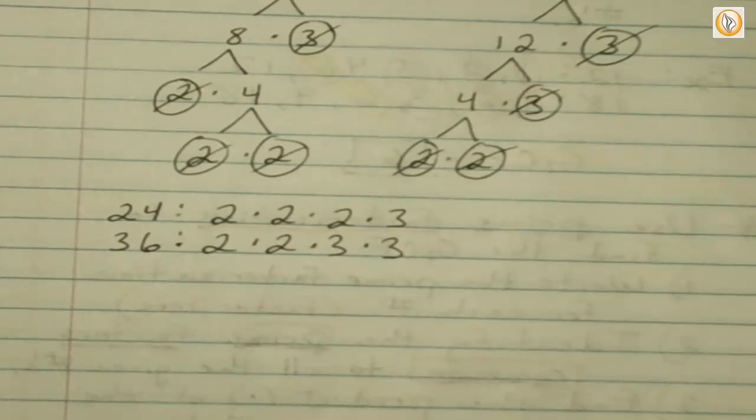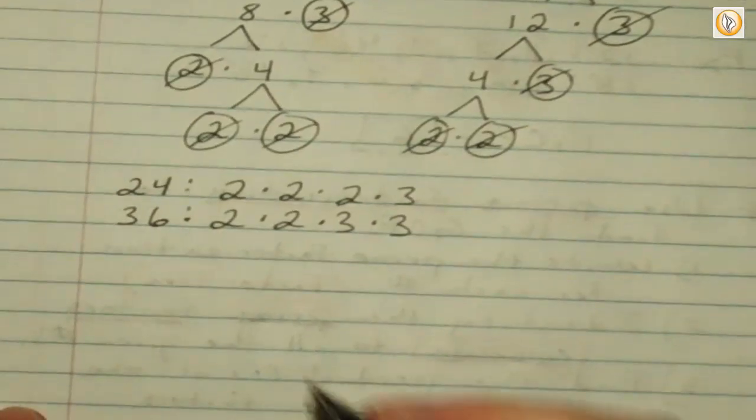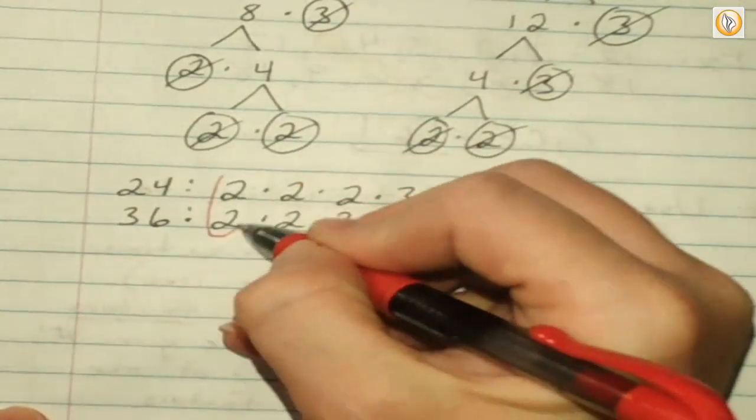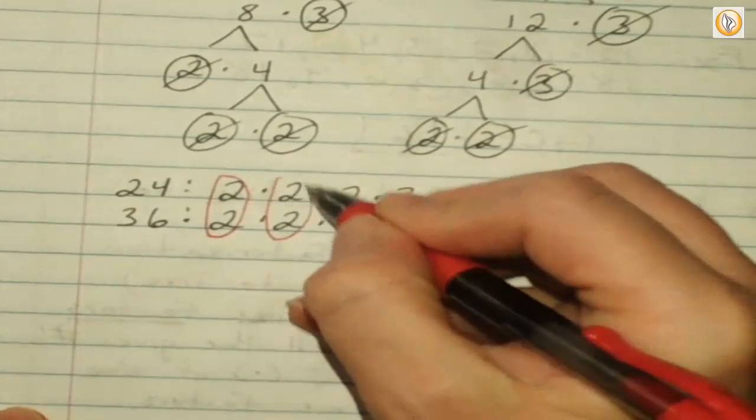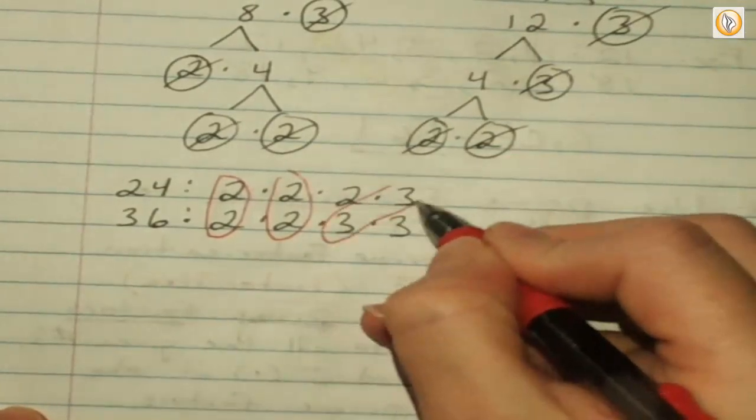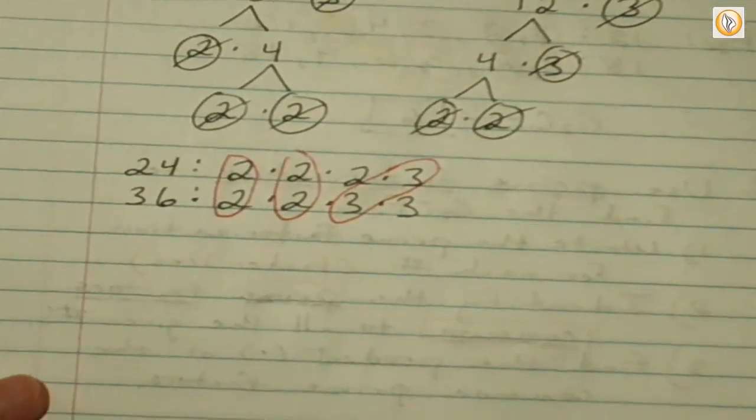I have a question. Is it asking for greatest common factor or greatest prime common factor? Greatest. You'll see. It's greatest common factor. Now we circle the ones they have in common. 3 and 3.